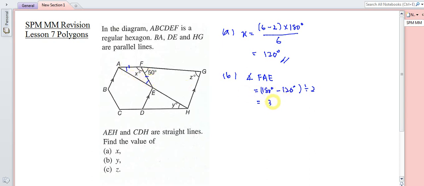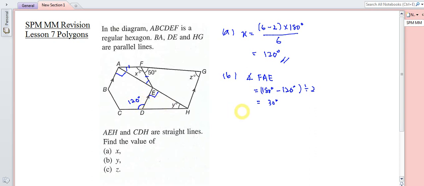Okay, so 30. If here is 30, 120 minus 30, here will be 90 degrees. Okay, if here is 90 degrees, these two are parallel. Here will be 90 degrees also, and we know this is actually 120.